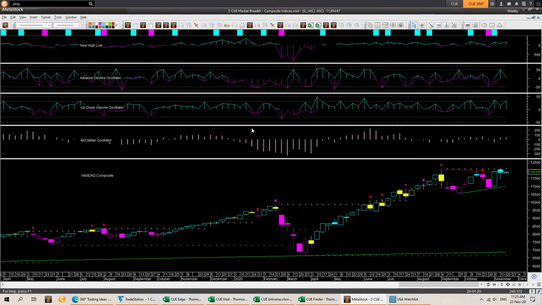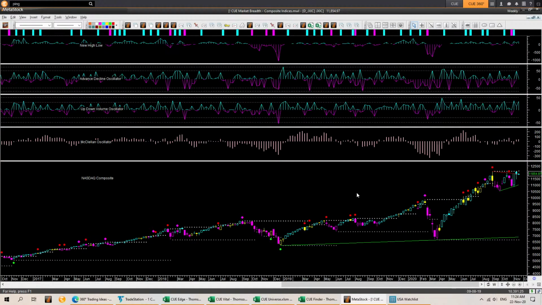Not Macmillan oscillator. The concept of using Macmillan oscillator is also divergence, but see the weekly chart of Nasdaq composite here. There was very clear divergence here in Macmillan oscillator. Price happily went up. So if you used Macmillan oscillator's divergence, you will have a lot of false signals.